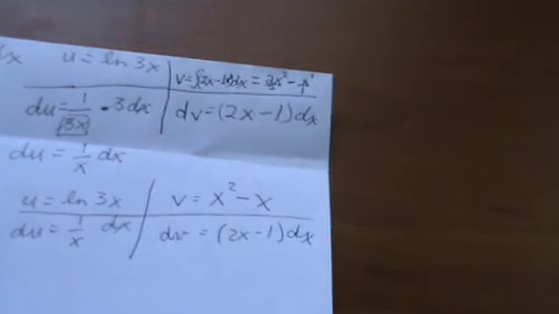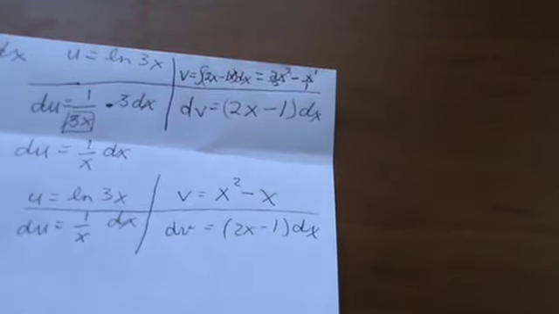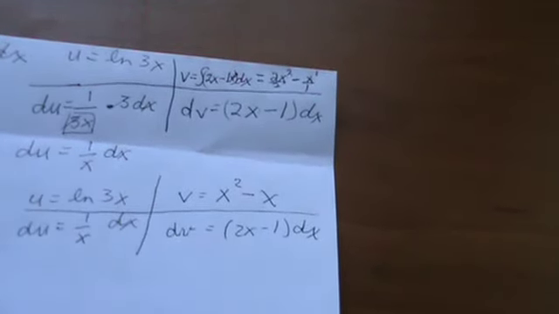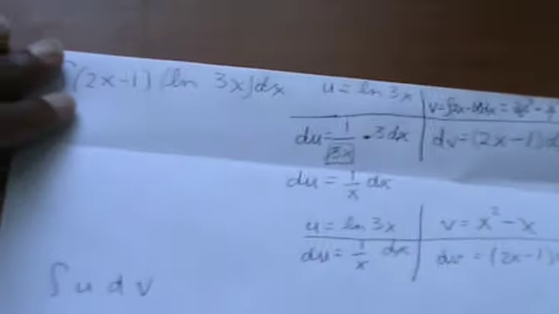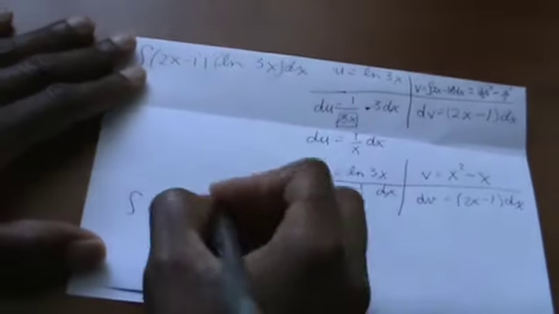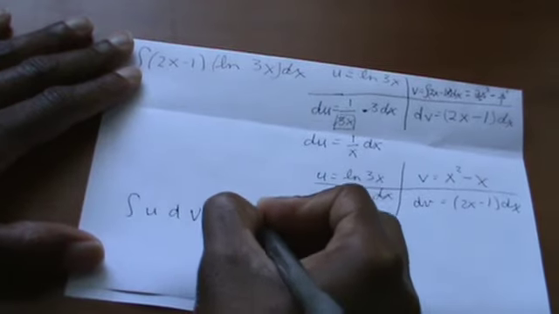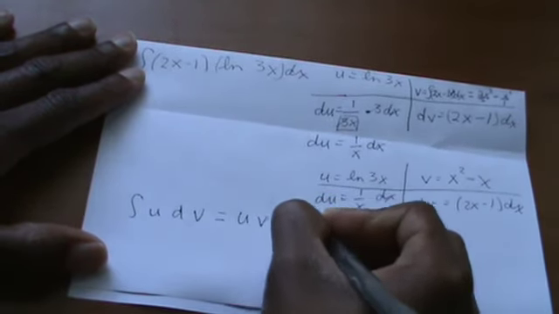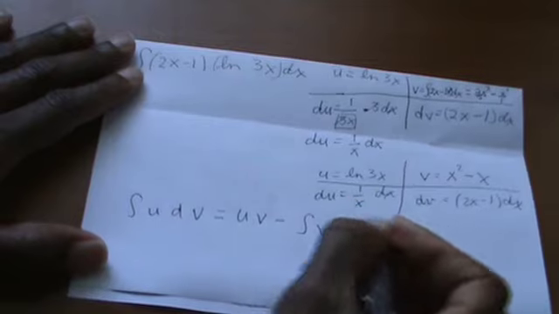So according to the formula, the antiderivative of u dv equals u times v minus the integral of v times du.